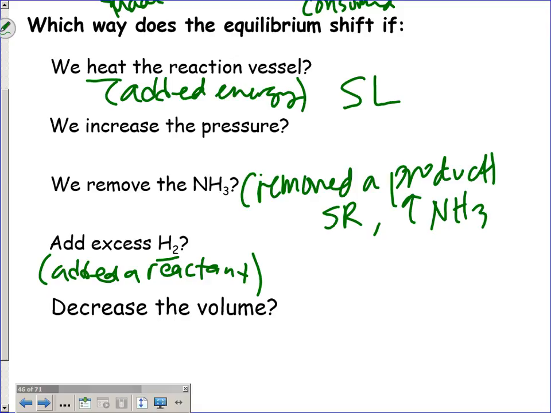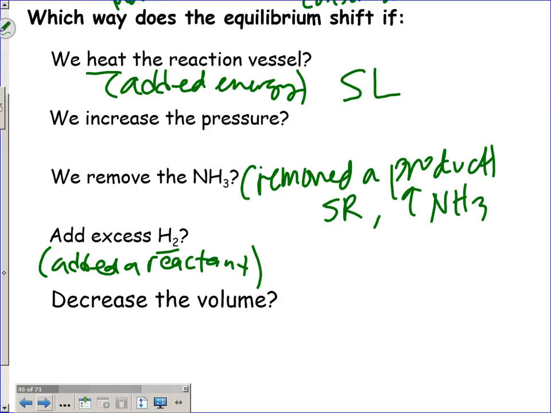Why shift right? Well, it's not about the products. It's about eliminating my stress. So if I add a reactant and I shift right, what am I doing to reactants? You're consuming them, and that's what you want to do. You want to narrow in on the stress and fix it. So we've consumed reactants as we go forward.